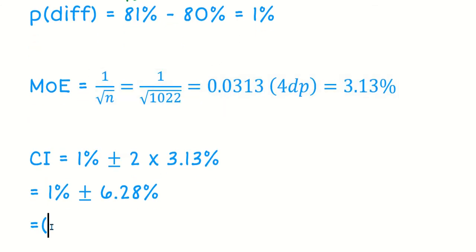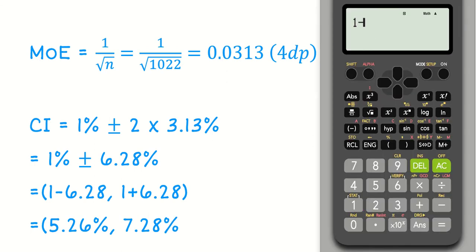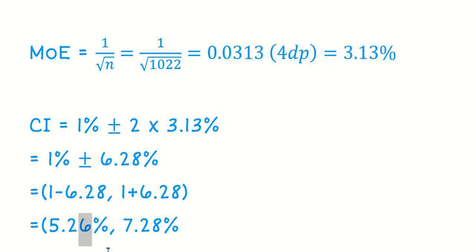So then I'm going to go 1% minus the 6.26, and I'm going to do the 1% plus 6.26%, and that will give me an interval of 5.26% and 7.26%, I think. Hang on, 1 minus 6.26 is negative 5.26. Okay, so that is my confidence interval. Oh, and that should be a minus.